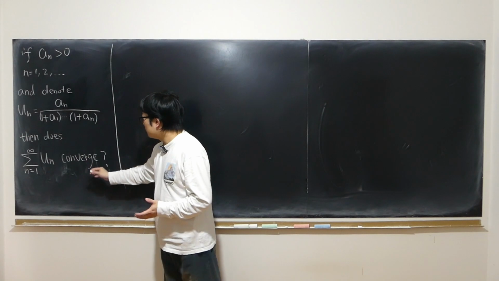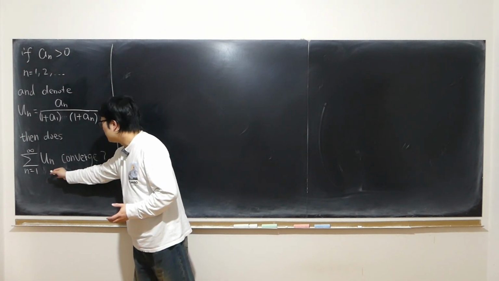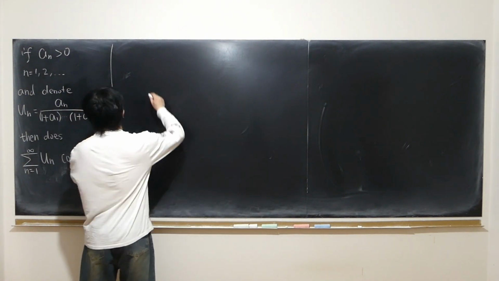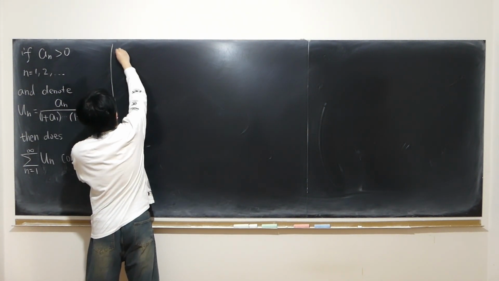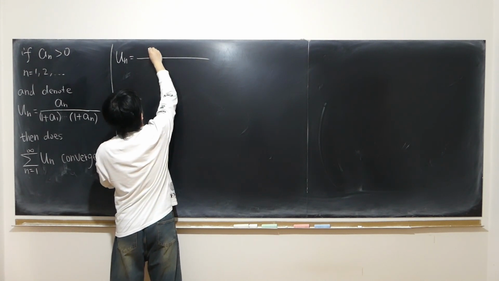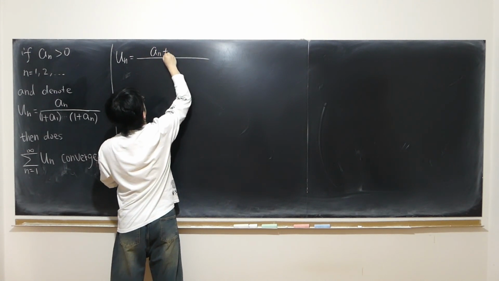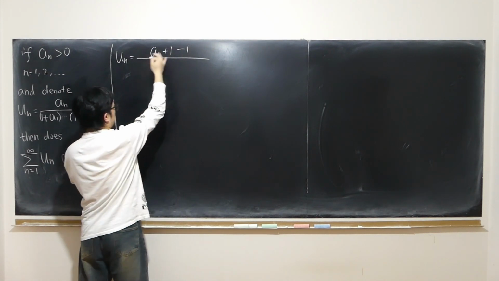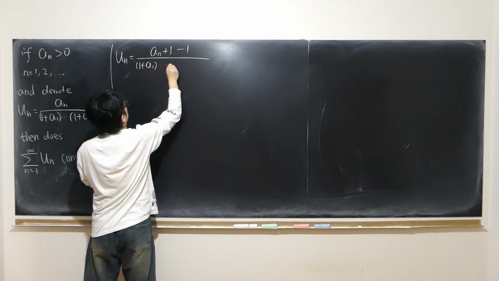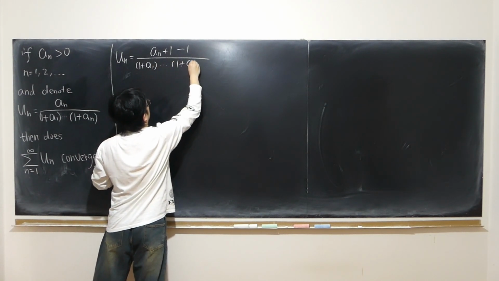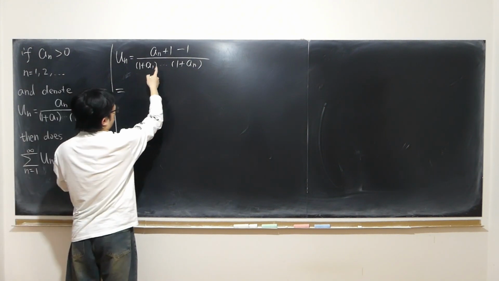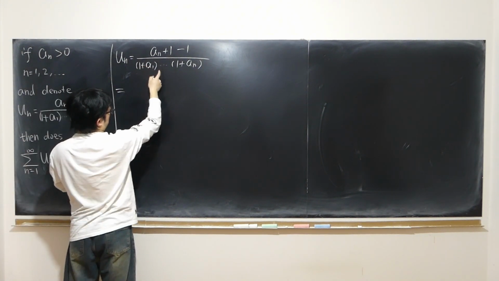This series is actually a telescoping series. The reason is that if I rewrite u_n as a_n plus 1 minus 1, it's still the same, over (1 plus a_1) times all the way to (1 plus a_n). So I can first distribute the a_n plus 1 down here.